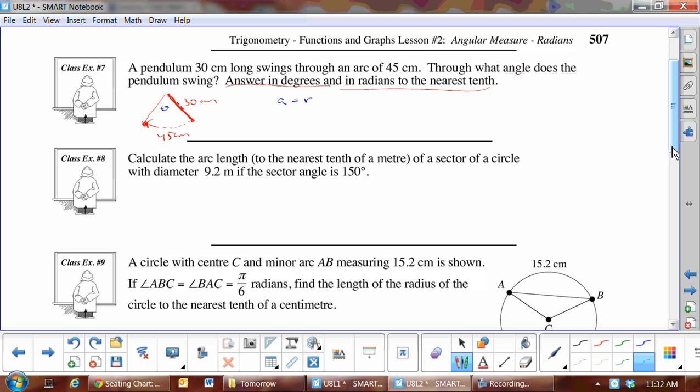Now, what was the formula? A equals R theta, right? You take your arc length, which is 45. You divide by your radius, which is 30. That is your angle. 45 divided by 30 is 1.5 radians. Now, can you kind of picture where 1.5 would be? How do you convert that to degrees?